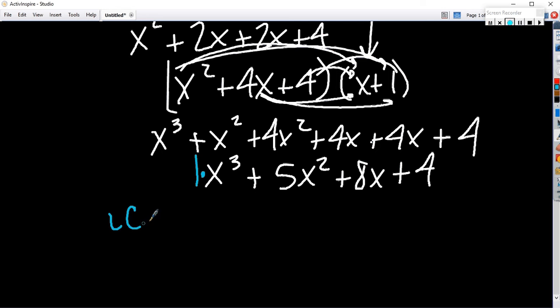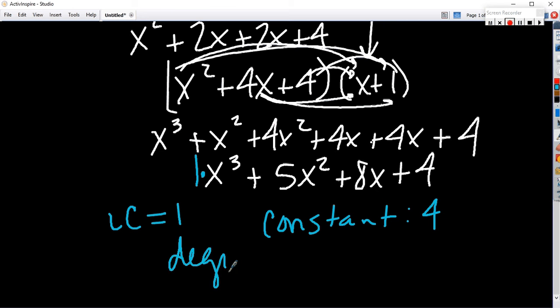So my leading coefficient is 1. How about my constant? 4. That's the one without a variable. And how about the degree? 3. And what about the type? Cubic. Good job. Degree is 3. Type is cubic.